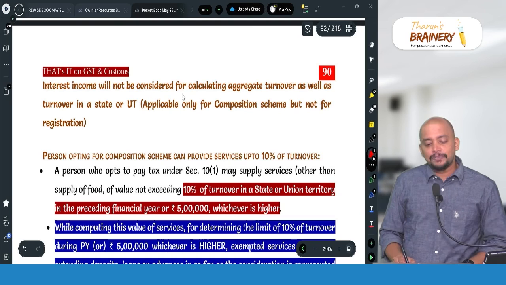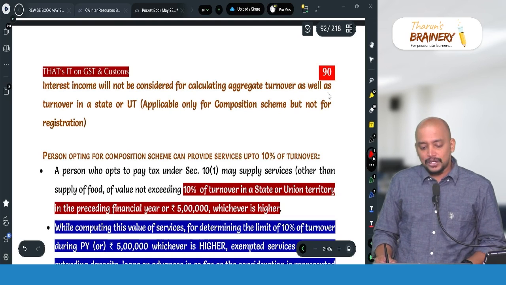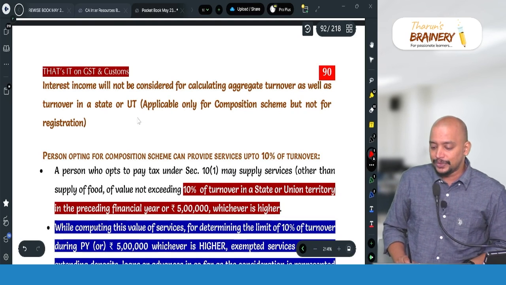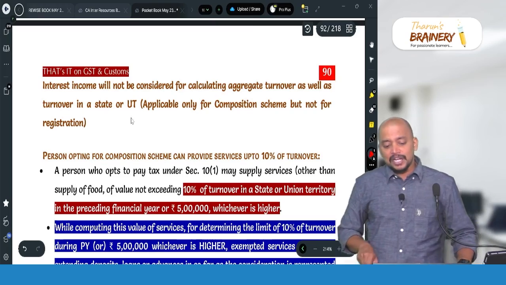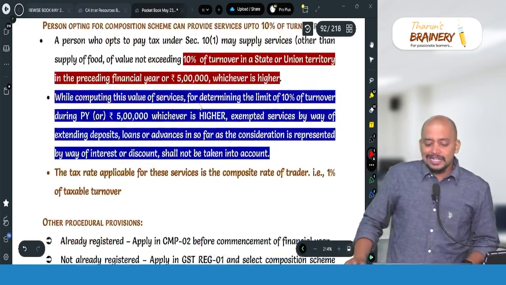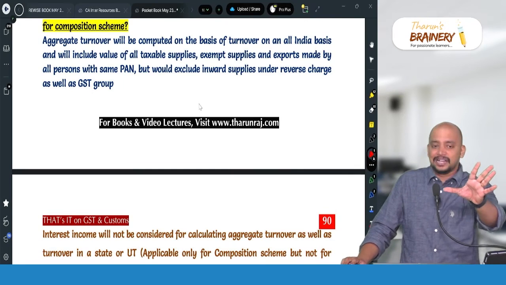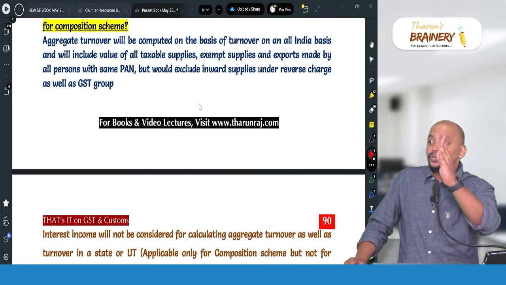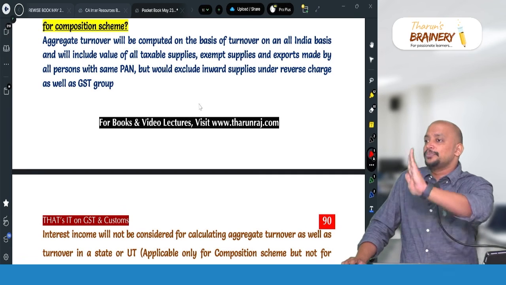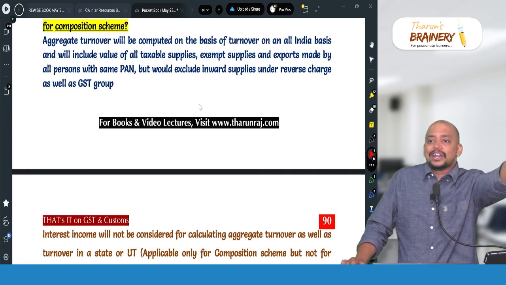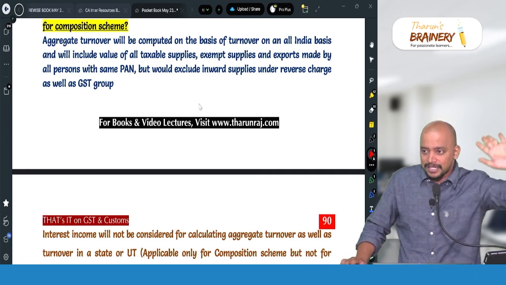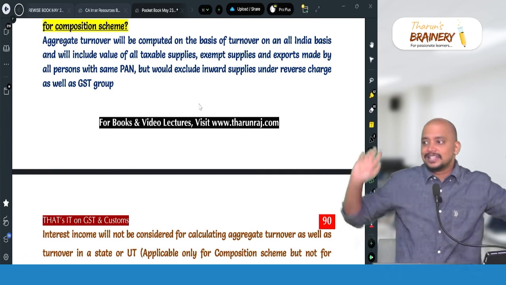Interest income will not be considered for calculating aggregate turnover as well as turnover in a state or union territory. Now, what is the meaning of turnover in a state or union territory? Turnover in a state or union territory is the same as aggregate turnover, except that turnover in a state or union territory is computed state-wise and aggregate turnover is computed on an all India basis. But both definitions are the same. Okay.